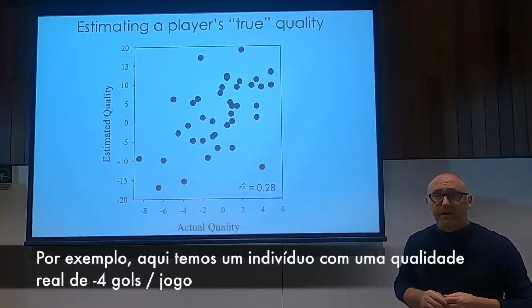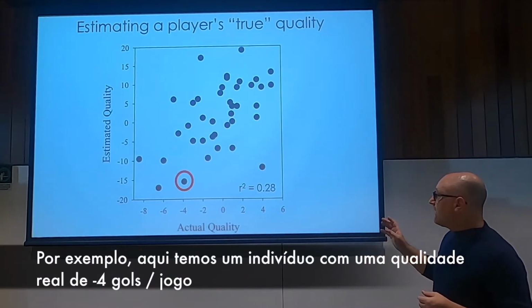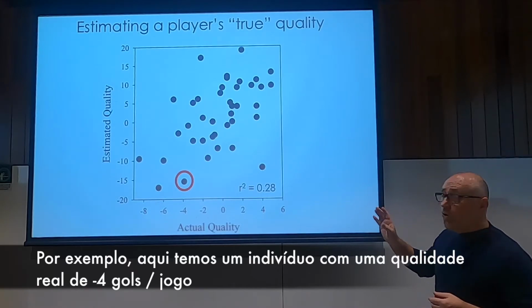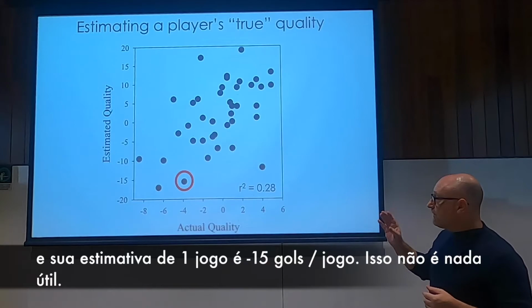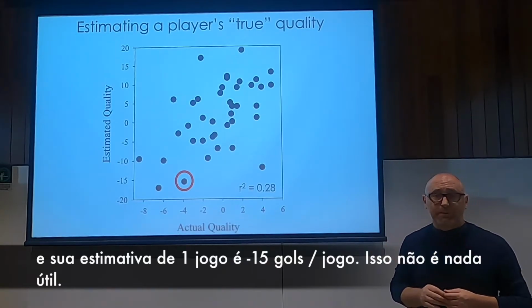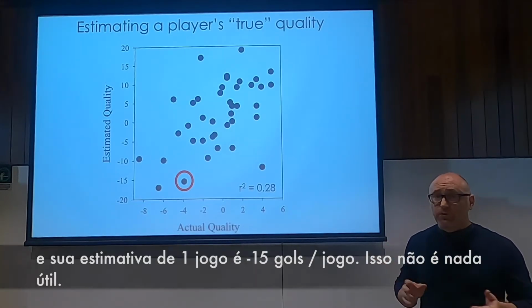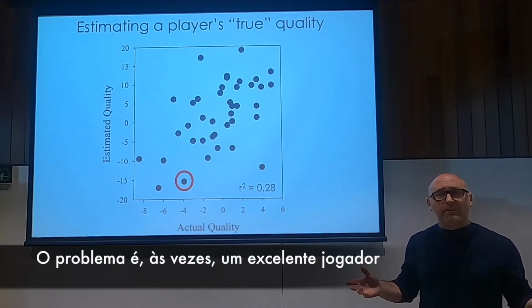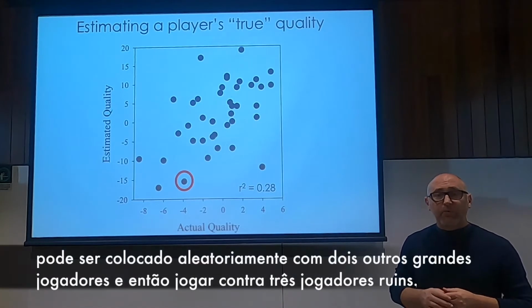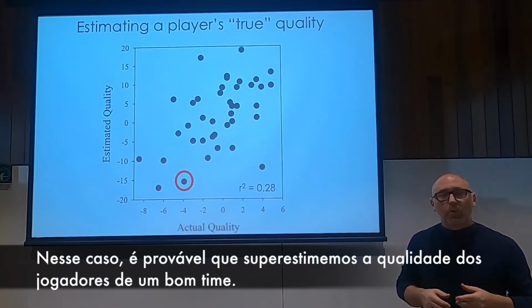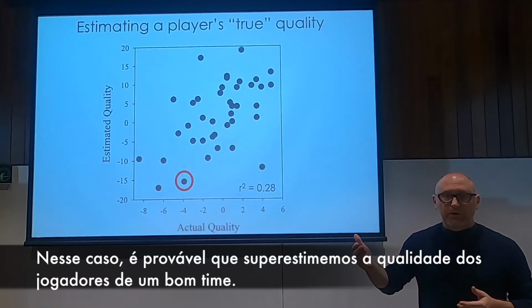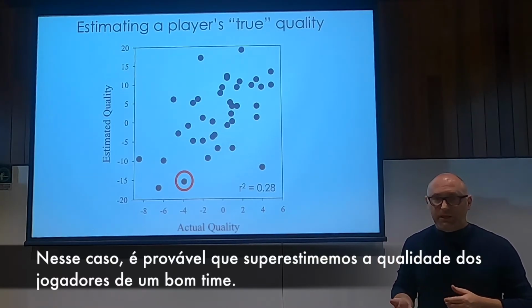For example, here we have an individual with an actual quality of -4 goals per game, and our estimated quality is around -15 goals per game. This isn't useful at all. The problem is sometimes an excellent player might be randomly placed with 2 other great players and then play against 3 poor players. In this case, we are likely to overestimate the quality of the players on the good team.